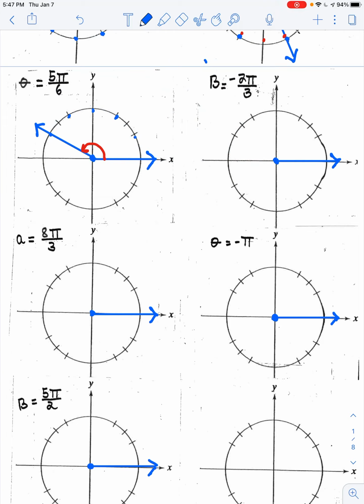Negative 2 pi over 3, we're going clockwise this time. So this, if you want to convert to pi over 6, that would be negative 4 pi over 6. You are multiplying both numerator and denominator by 2. So you could count 1, 2, 3, 4.